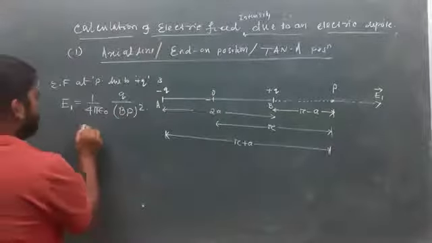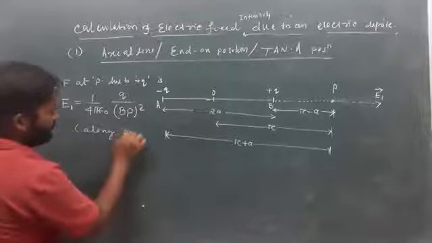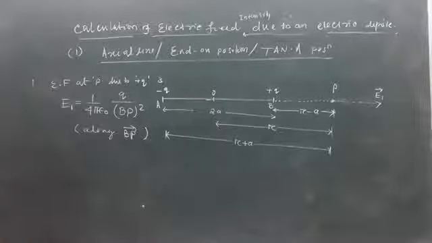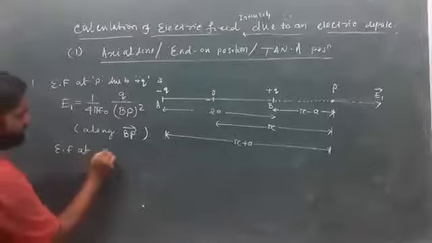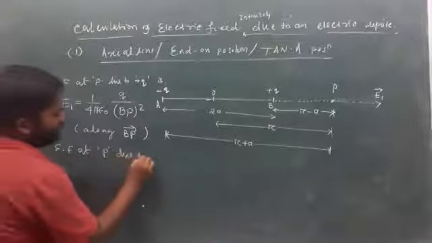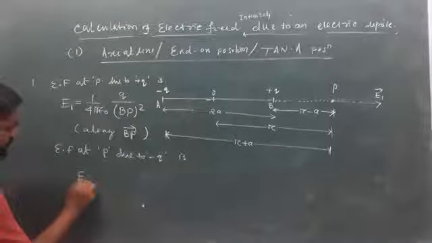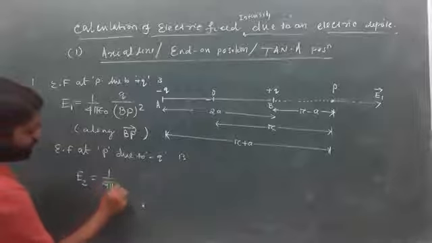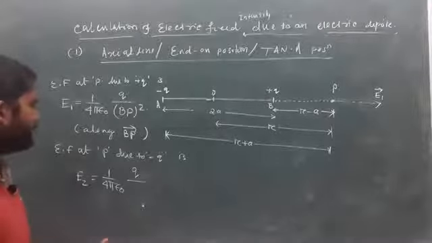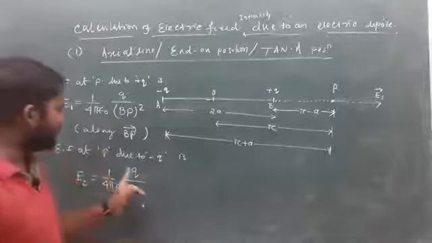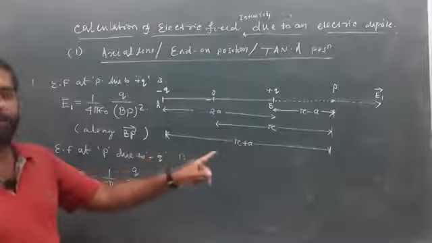Now, the electric field at P due to minus Q is E2. E2 equals 1 by 4 pi epsilon 0 q, because whether the charge is positive or negative, we use the magnitude of the charge. The negative sign only indicates the direction.